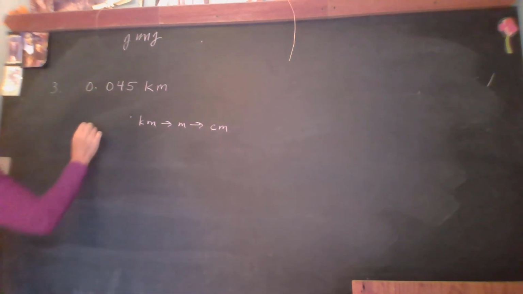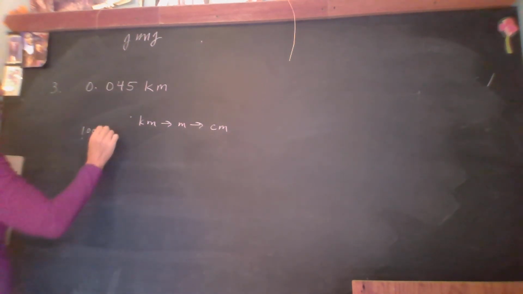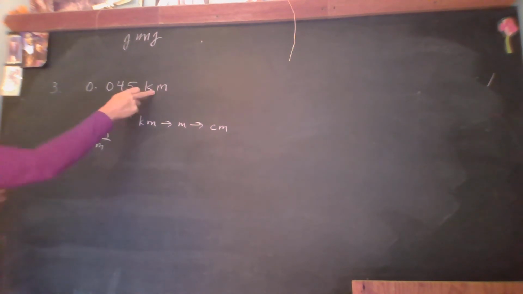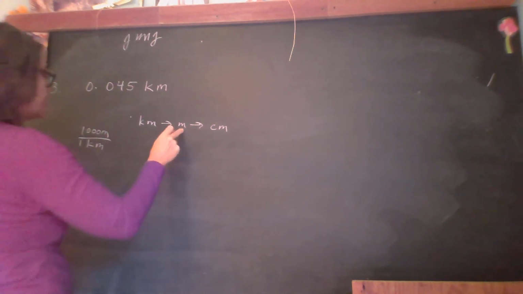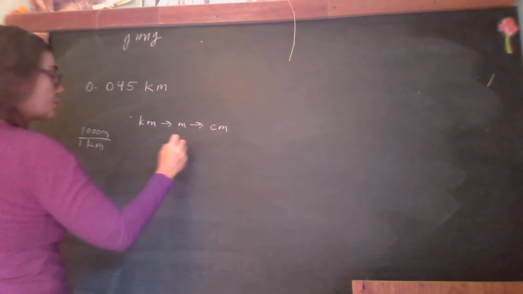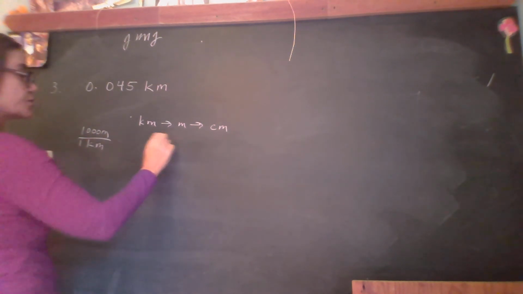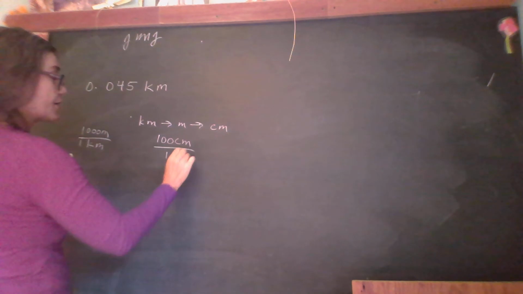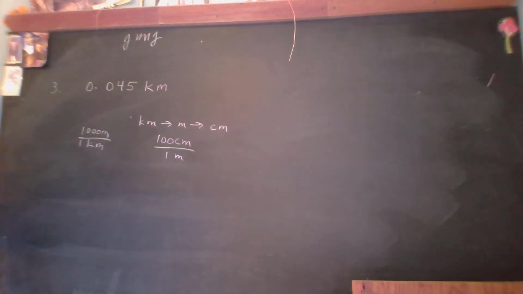So the relationship here is 1,000 meters per kilometer. And then centimeters to a meter. Then we'll have meters, so we're going to say 100 centimeters per 1 meter, and that will end us up with centimeters. So we're going to multiply this by these 2 conversion units.